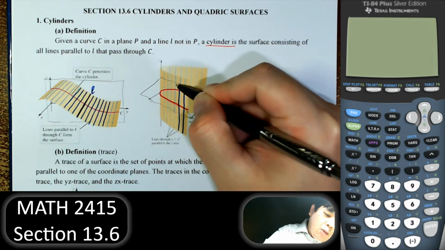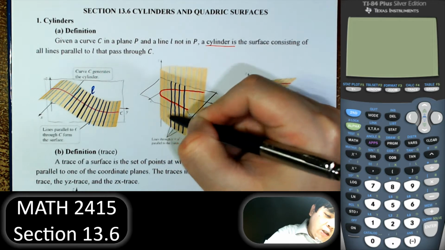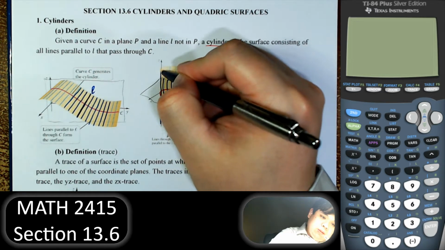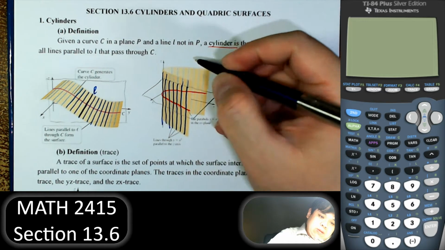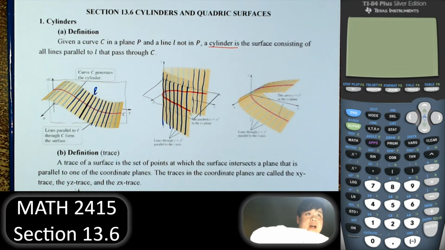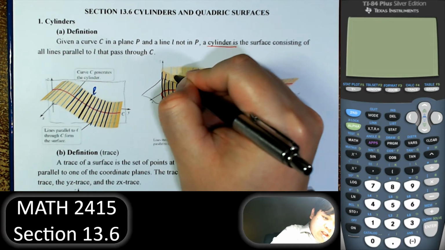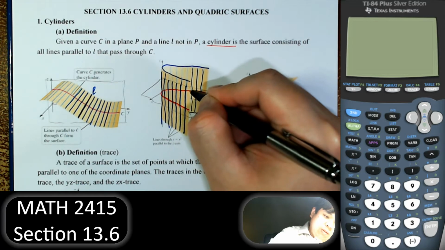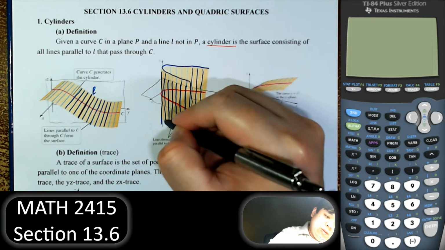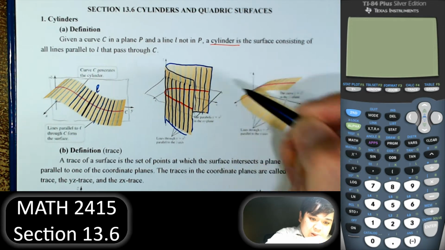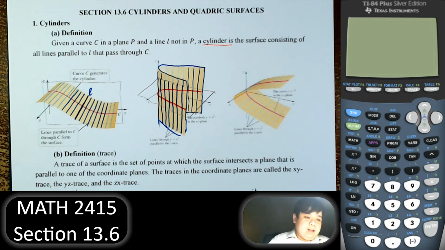So we just have a bunch of parallel lines going through it, and with that we have a cylinder. This is called a cylinder. So that's how we define a cylinder.